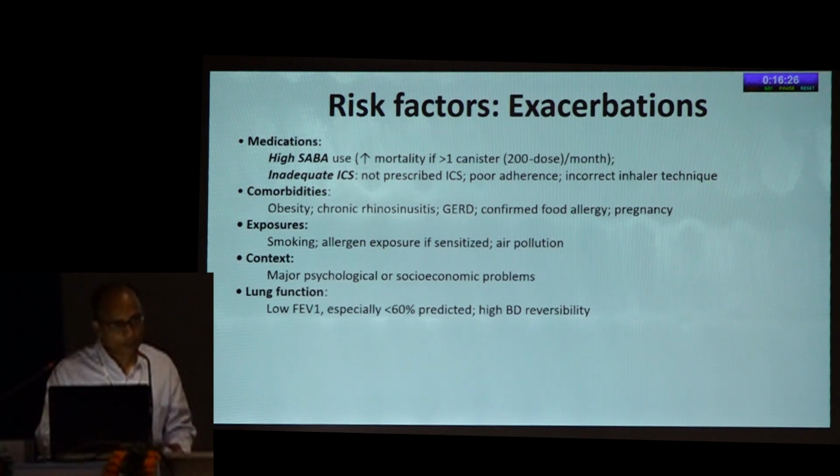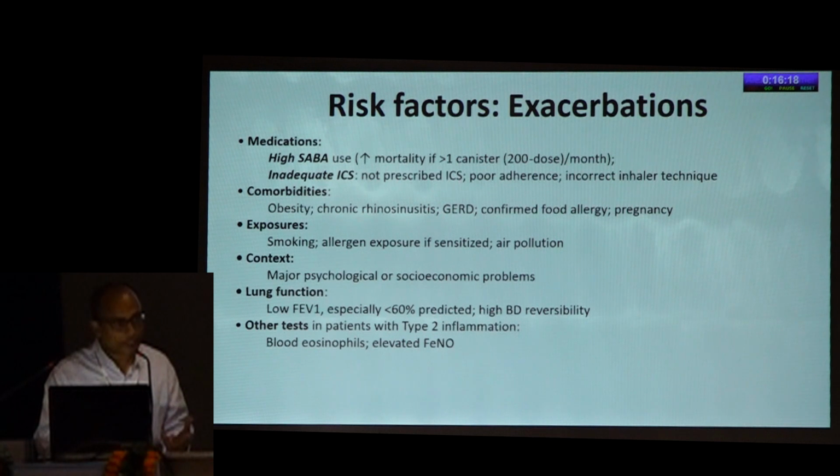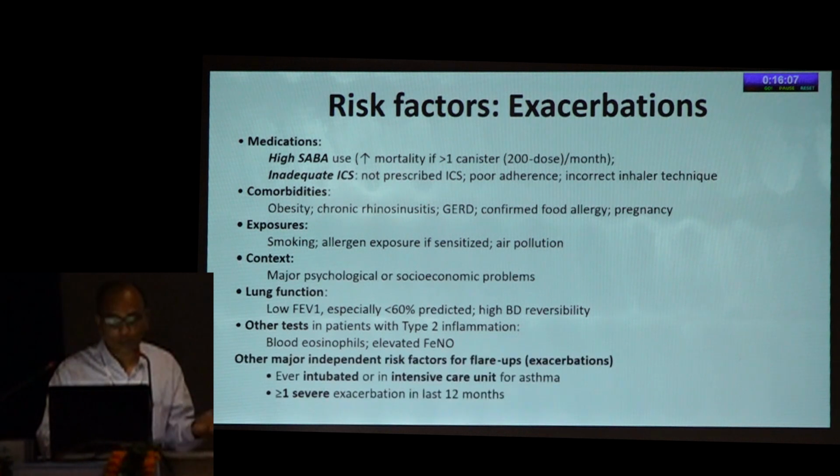Somebody who has a low lung function, especially if less than 60% of the predicted, is also at risk. And if the blood test suggests type 2 inflammation, that is eosinophilia or elevated FeNO. So these are the settings where the child or the patient is at risk for exacerbation, even when the symptoms may seem controlled.